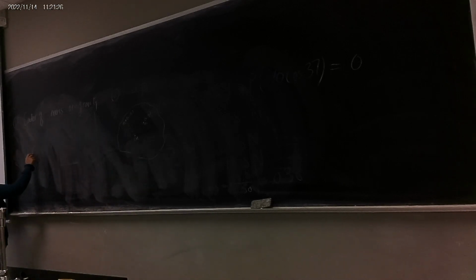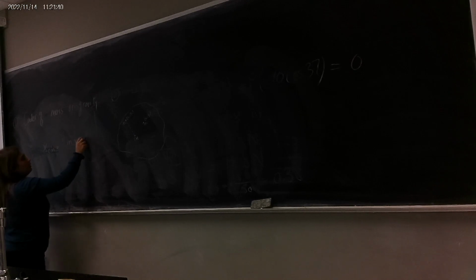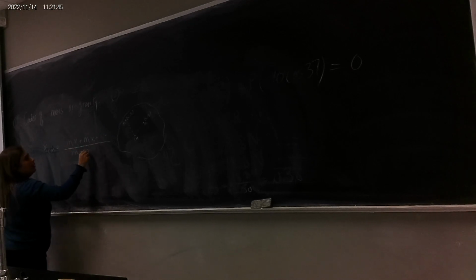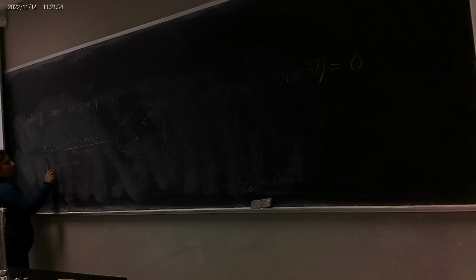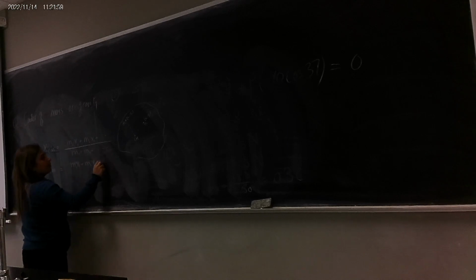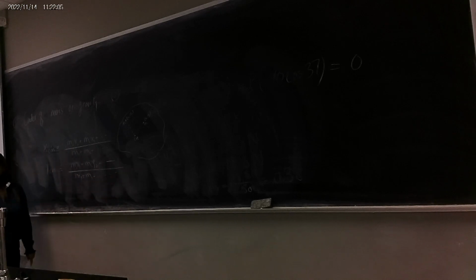The center of mass is given as, if I define it separately for horizontal, x cm is m1 x1 plus m2 x2 and so on, divided by the total mass. Y center of mass, the y component, is m1 y1 plus m2 y2 plus so on, divided by m1 plus m2 plus so on.